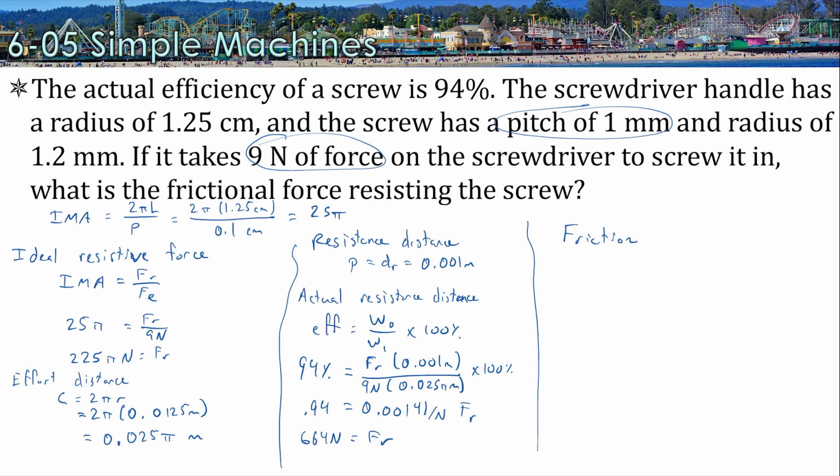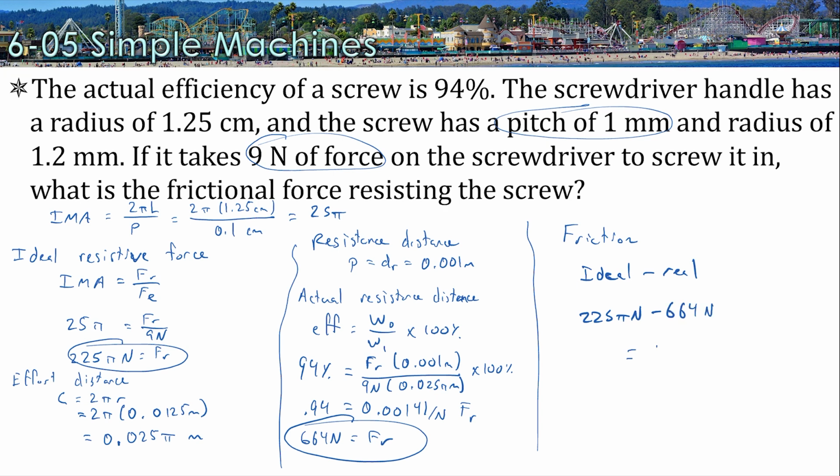Our ideal resistive force was that, and this was the real. So we're going to take ideal minus the real. So 225 pi newtons minus 664 newtons is going to give us 42.4 newtons for the force of friction.